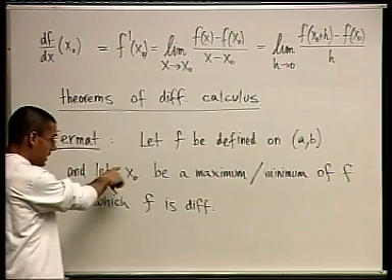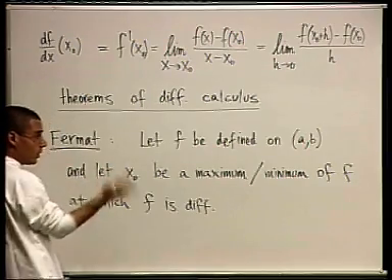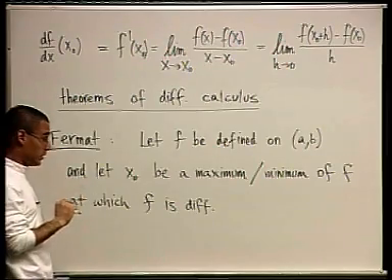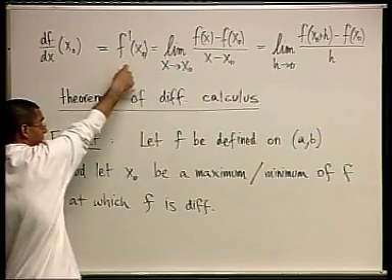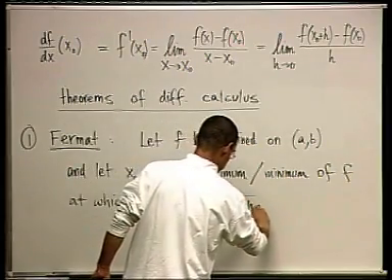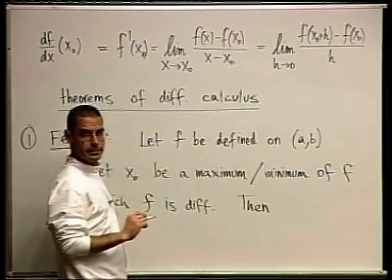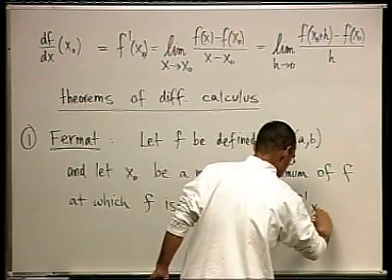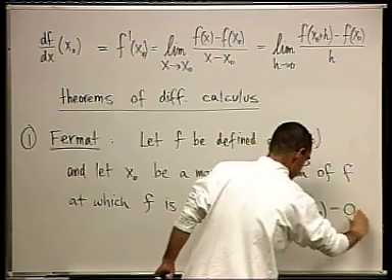Okay, so I'm assuming x0 is a minimum or a maximum, but I'm also assuming that f is differentiable at that point. That means that f prime exists. Then, what is the then? Right. The derivative at that point is 0.